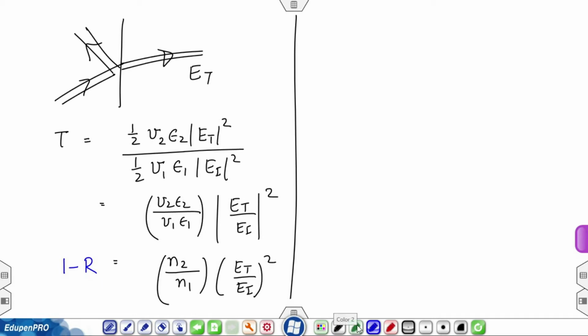The second thing you notice about this formula that we have written is polarization by reflection.